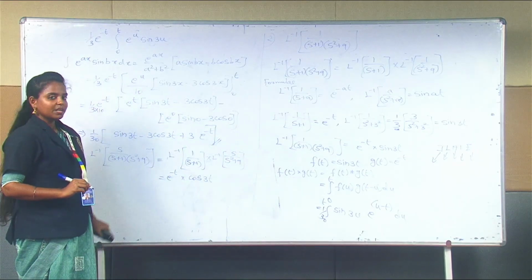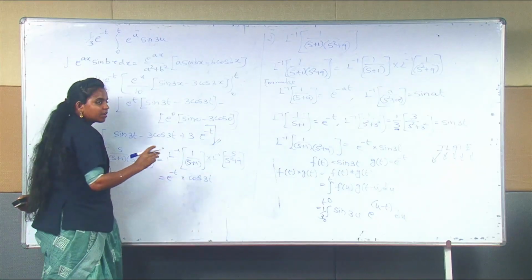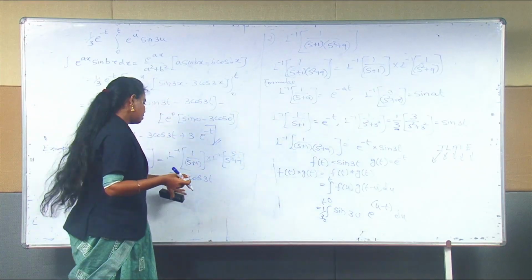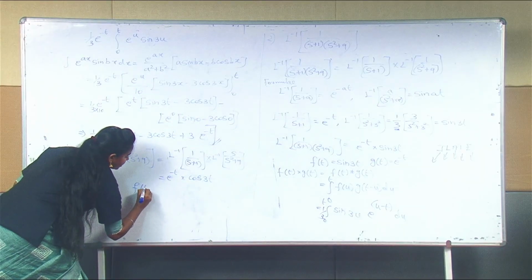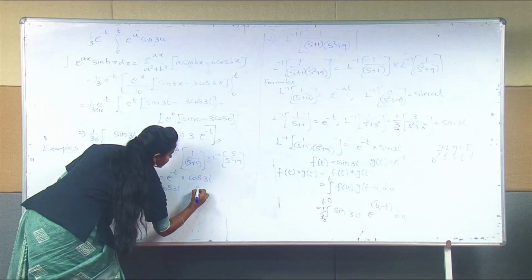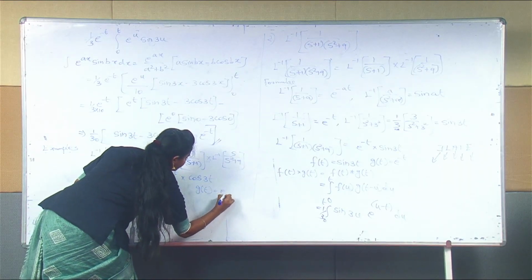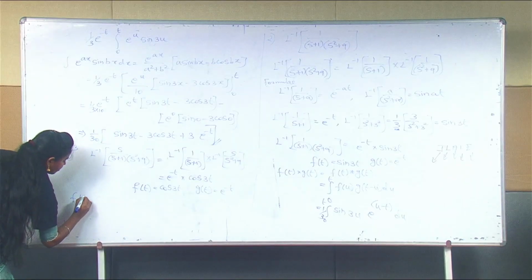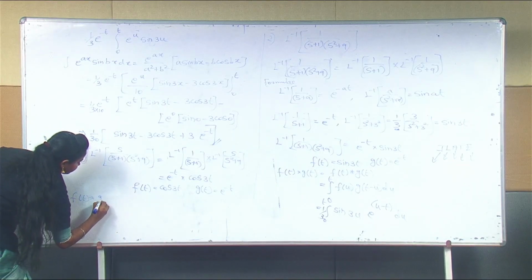Okay, this is your function. Here also we have a combination of exponential and trigonometrical function. So you have to consider the trigonometrical function first as your f of t. Similarly g of t is e power minus t. So now go for the convolution.